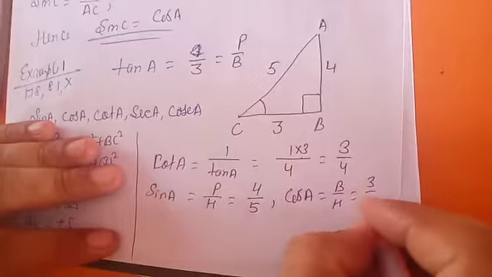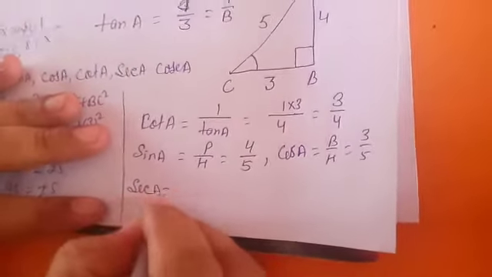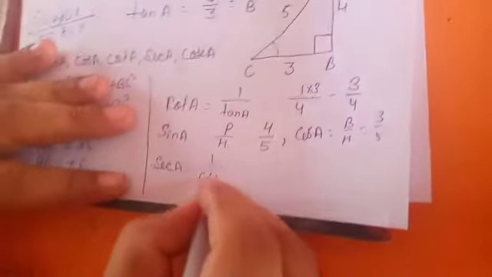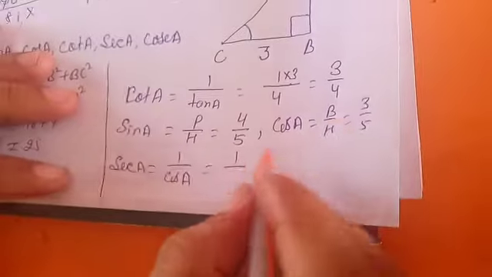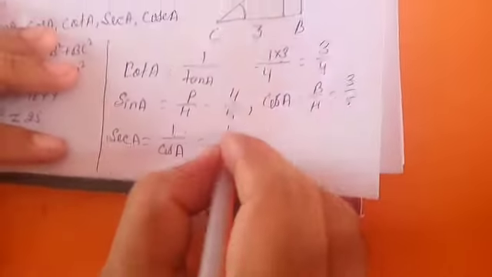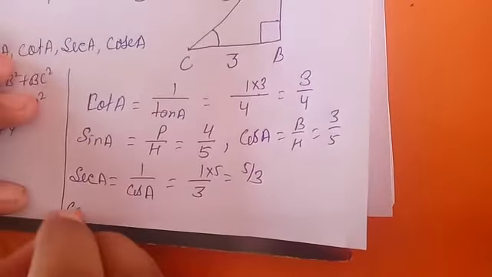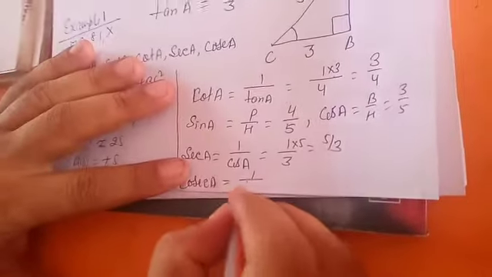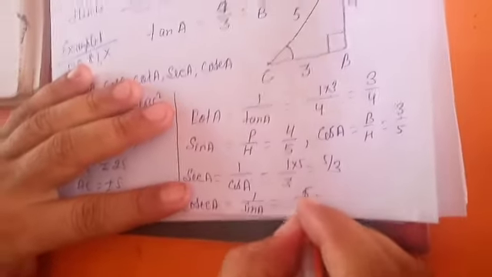Base is 3, hypotenuse is 5. Now what is left? Secant of A is 1 over cos of A, which is 5 by 3. Cosecant of A is equal to 1 by sin of A, which is 5 by 4. So easily you can find out.